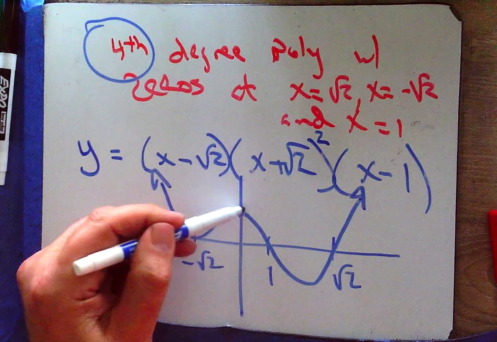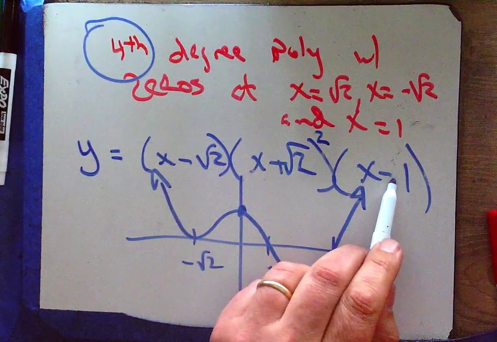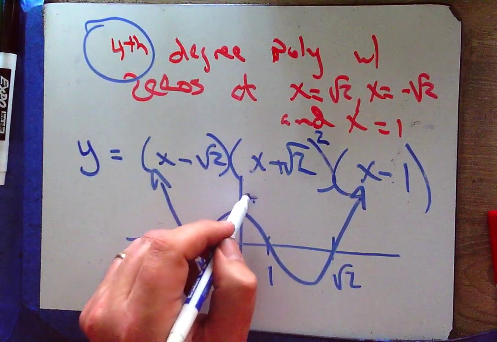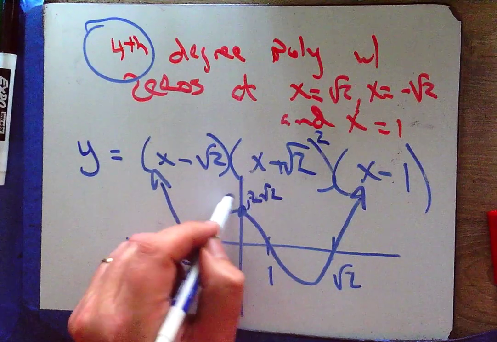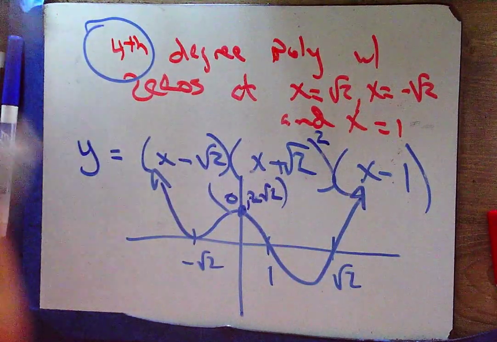So, oh, and don't forget, 0 is going to be 2 times negative 1 is negative 2 times negative root 2 is positive 2 root 2. What an interesting y-intercept. So yeah, that's all I need to do when I go backwards like that, when I try and write the equation like that.